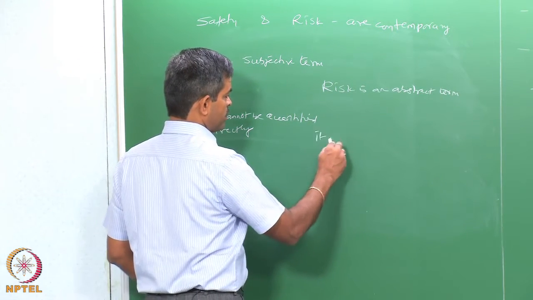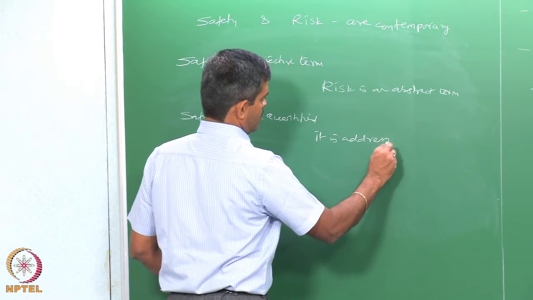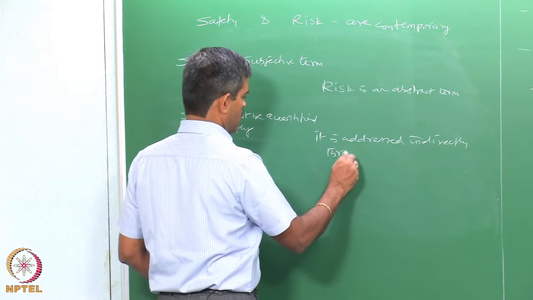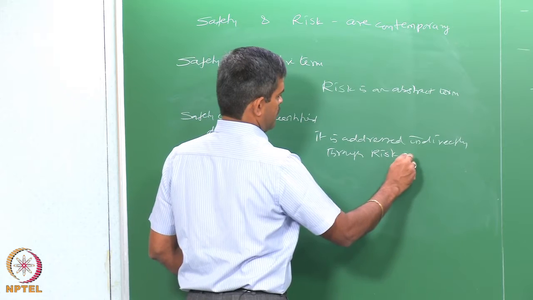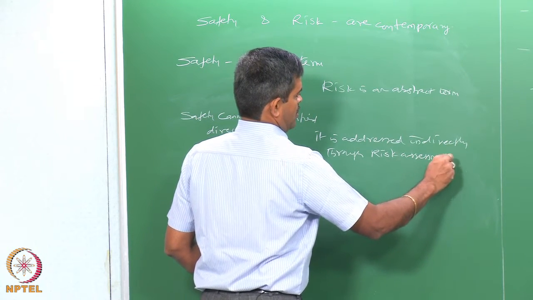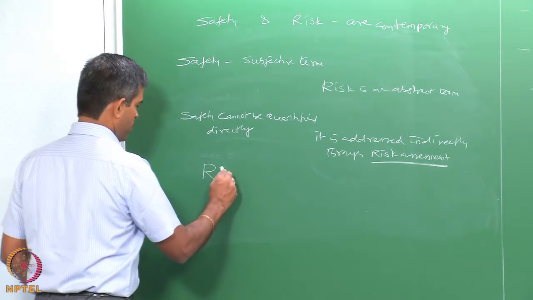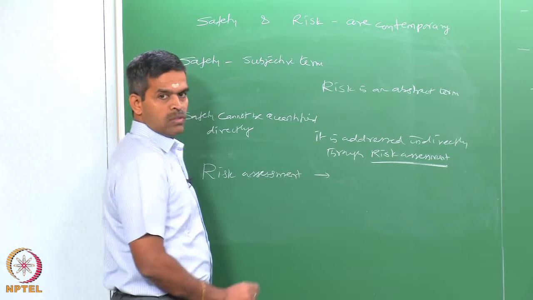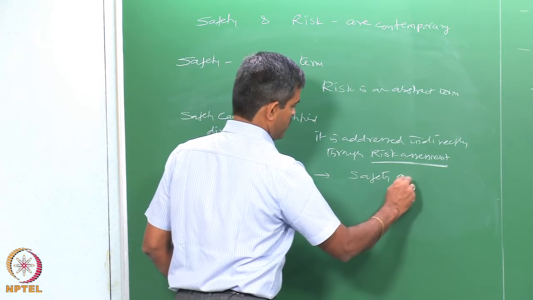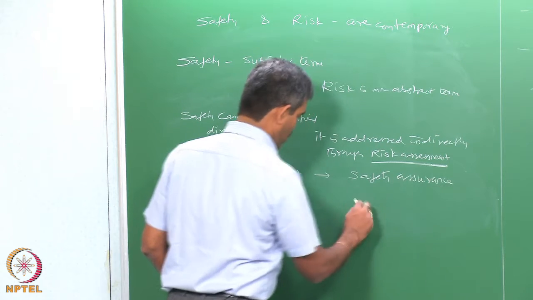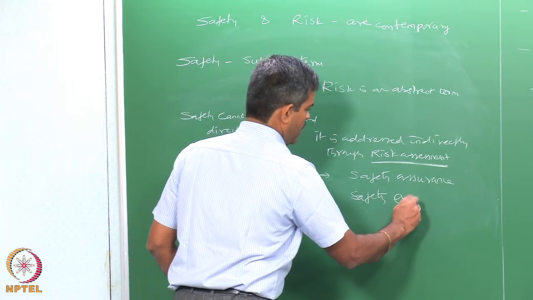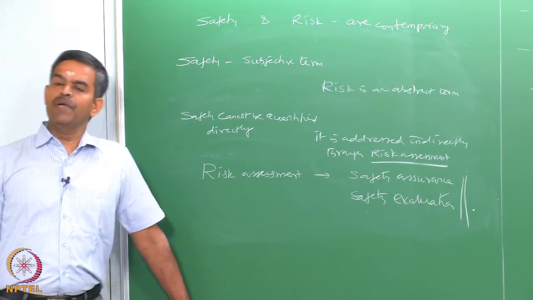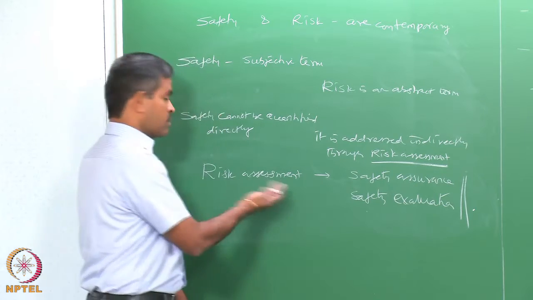It is addressed indirectly through risk assessment. So, risk assessment will lead to safety assurance or safety evaluation. So, somebody says I am going to evaluate safety of the whole system, it means he is actually doing risk assessment of the system.